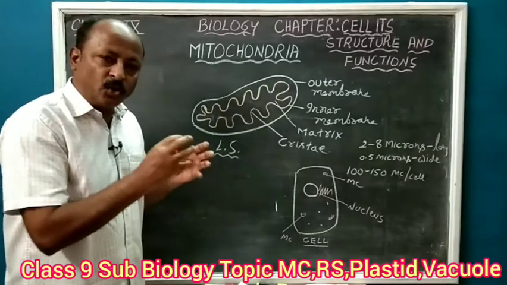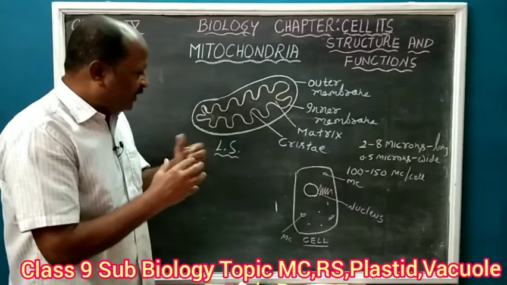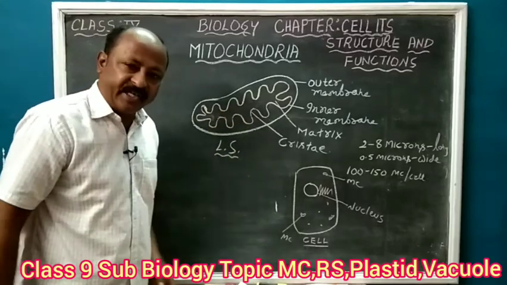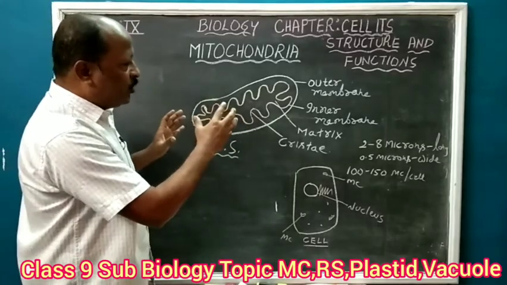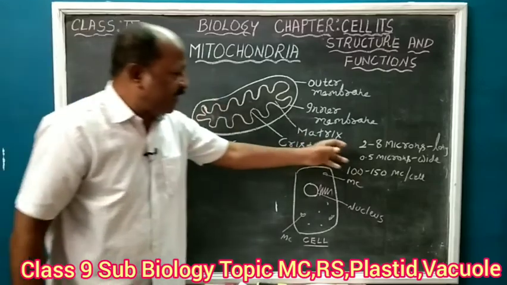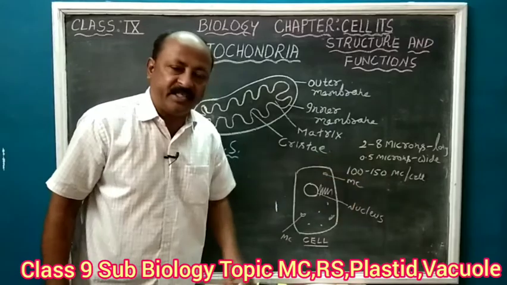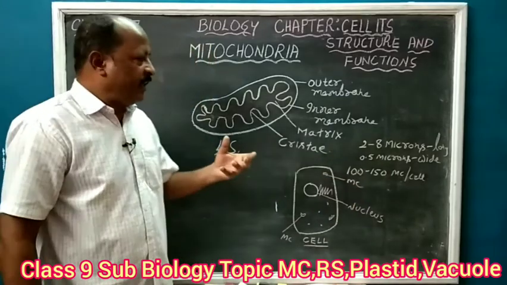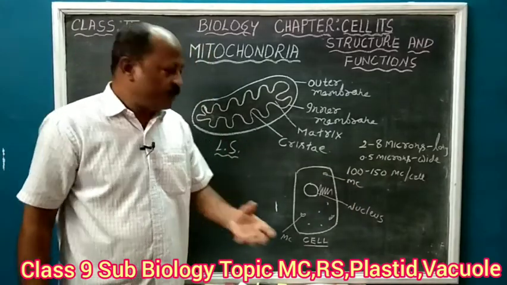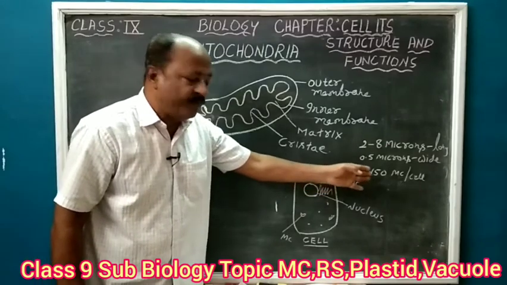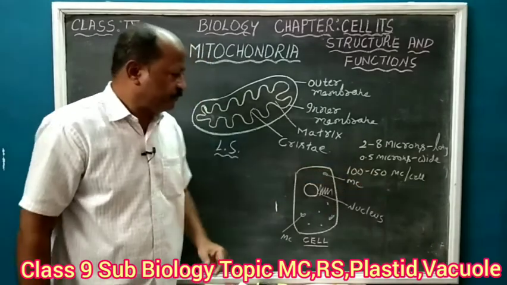The inner membrane is thrown into folds, and these foldings are called cristae. This mitochondria is around 2 to 8 microns in length and around 0.5 microns in width. In a eukaryotic cell, we can see around 100 to 150 mitochondria.